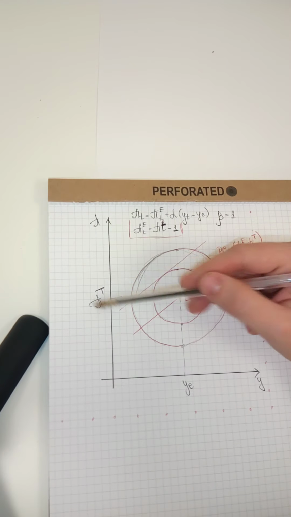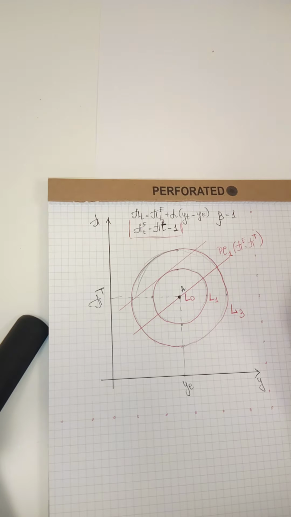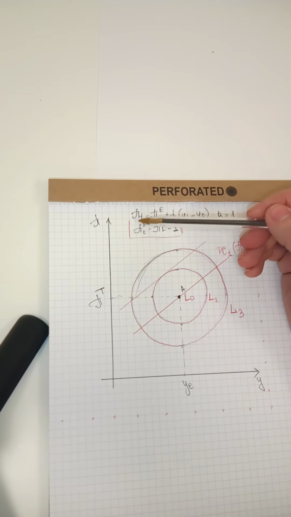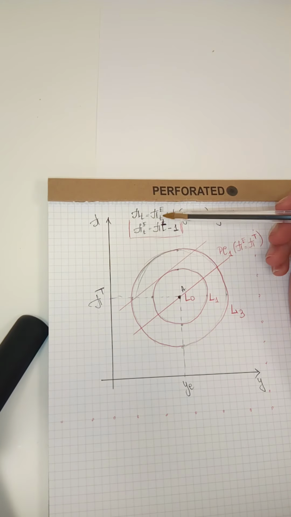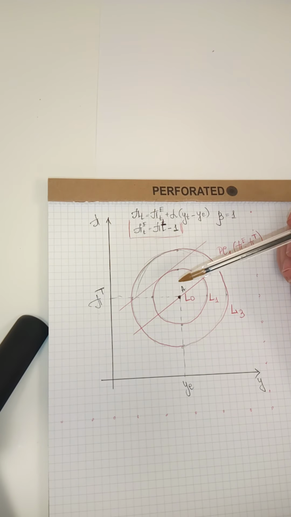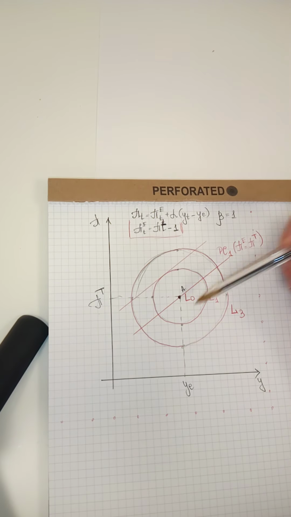So here is our empirical level of inflation, what we can observe empirically. And automatically, if this one is equal to pi tau, the expected rate of inflation is also equal to pi tau because we assume 0 output gap.